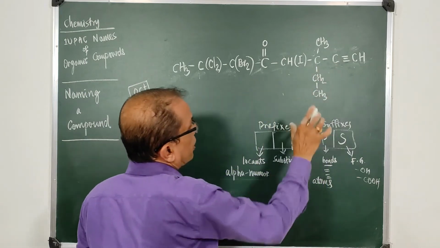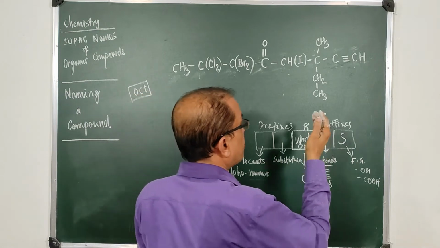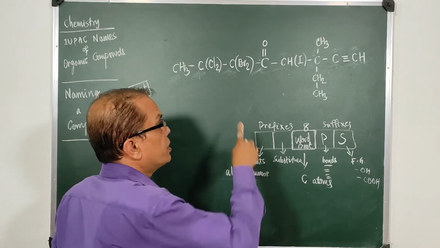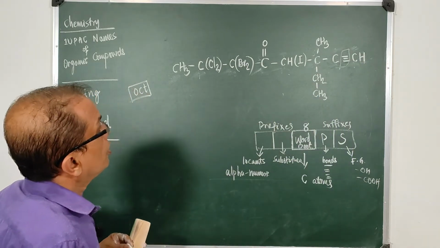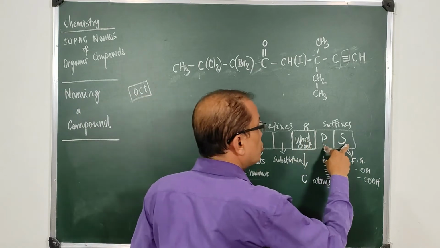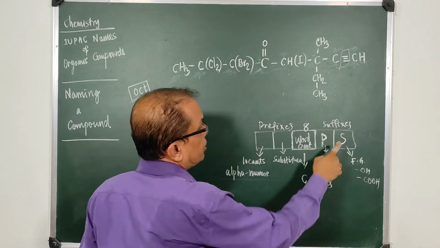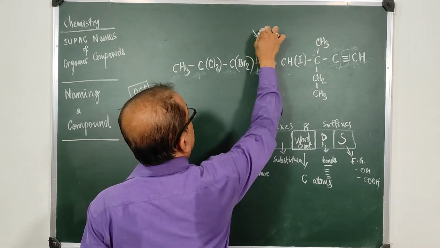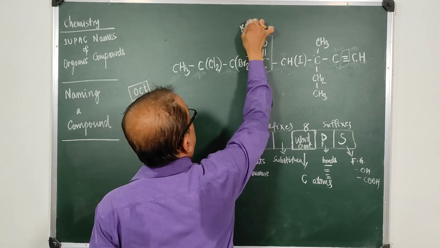Next we study what the substituents are, or if there are any primary and secondary suffixes. Is there any bond here? Yes, there is a triple bond here. Here there is a C double bond O, which means it looks like a ketone because this is a keto group or oxo group.